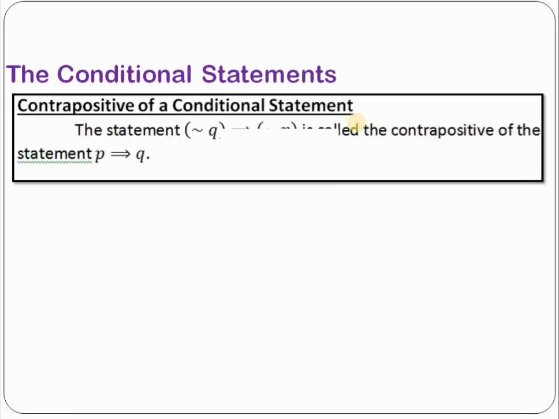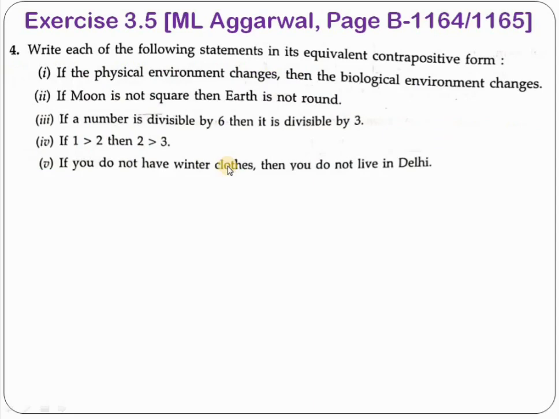Okay, now let us move on to the next kind of conditional statement, and we call it contrapositive of a conditional statement. So there's a conditional statement given to you. Now the contrapositive means first take the negation of each statement, and this statement is called your contrapositive. Now in order to understand this, let us see some examples.